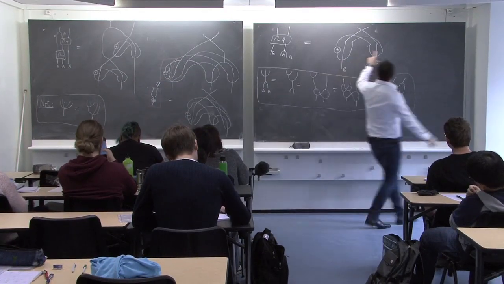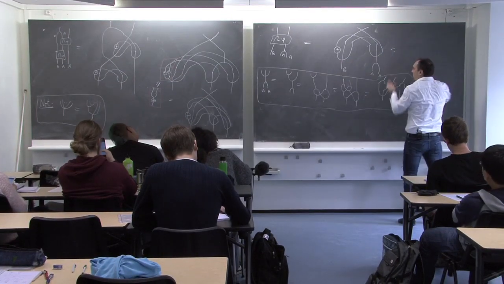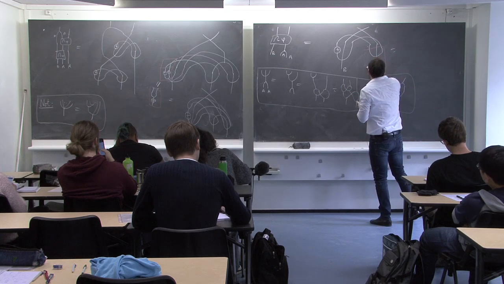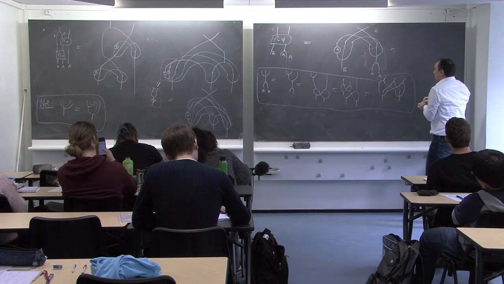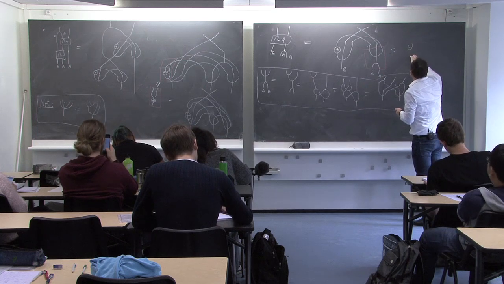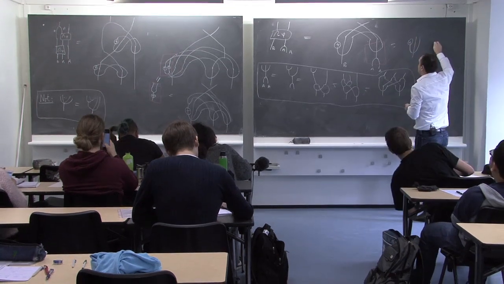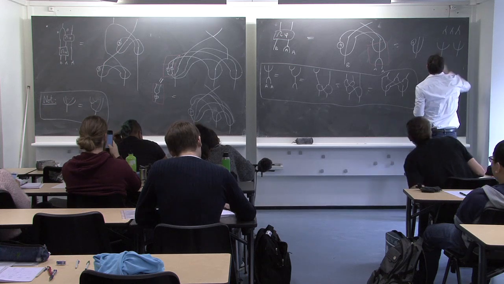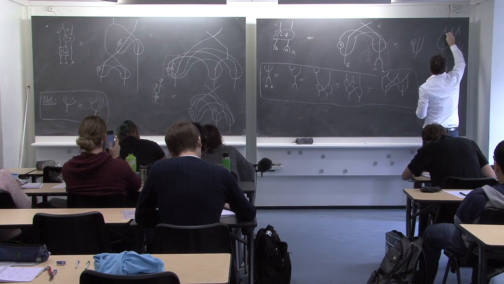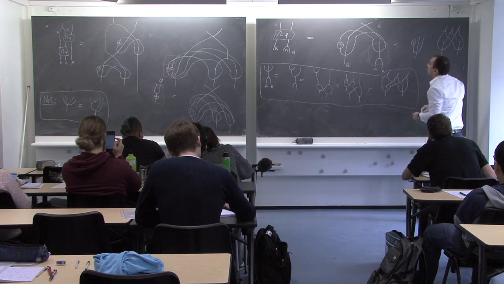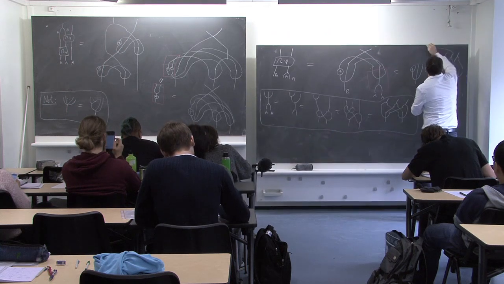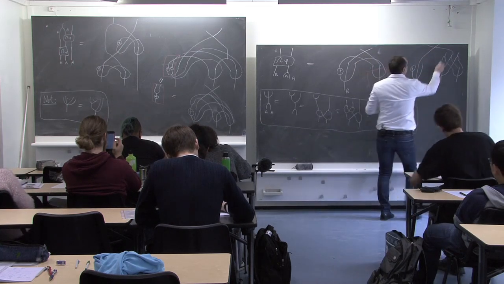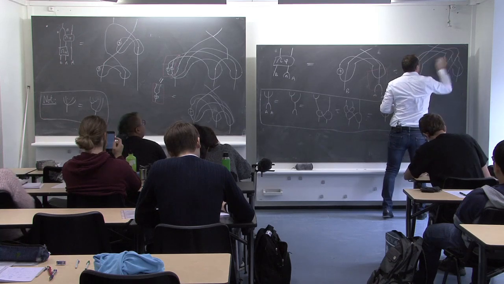So now we can replace this part here using this. So what do we have? And then we have this is the first on the first, the third on the third.